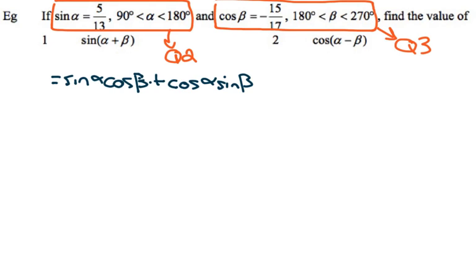Sine A and cos B we do know. Cos A and sine B we don't. So before we get to actually figuring out what this is, we need to figure out what is cos A and what is sine B.